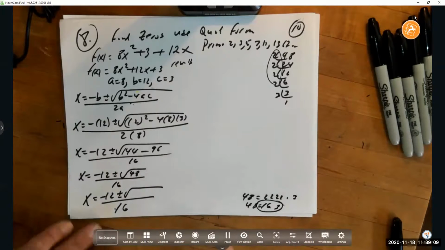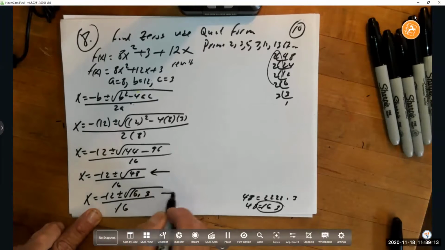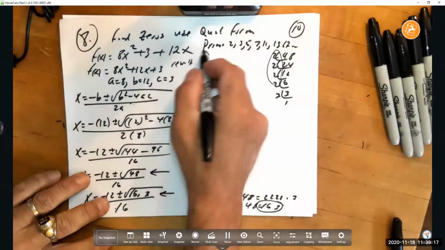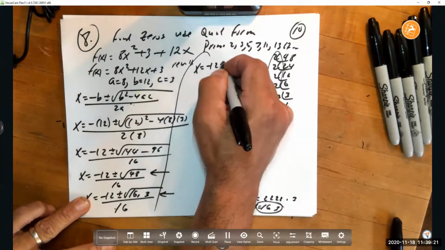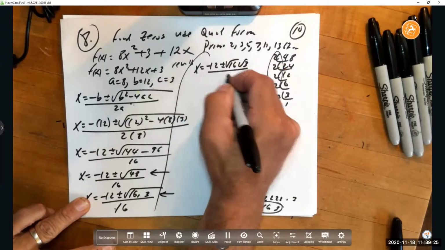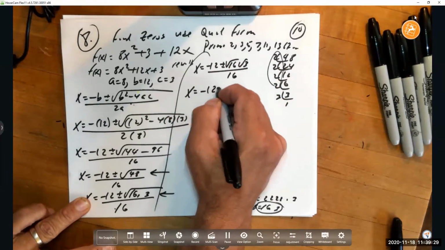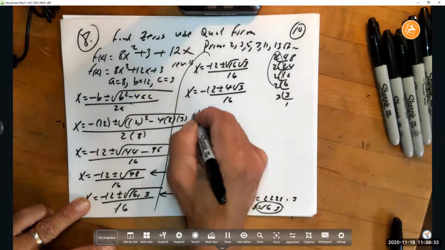So I'm going to replace the square root of 48 here by 16 times 3. Now we have negative 12 plus or minus the square root of 16 times the square root of 3, over 16. So you have negative 12 plus or minus 4 square root of 3 over 16.